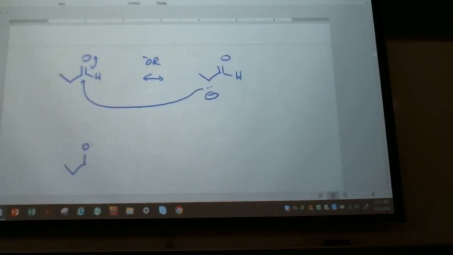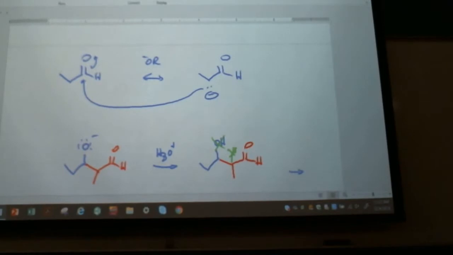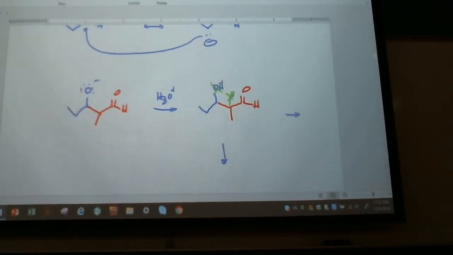You're going to form this, and then this is going to add here. Eventually, when you put this in water, you're going to pick up this, and depending on how acidic and how much you hydrolyze this, you may eventually get rid of the water here and form a double bond between these two.